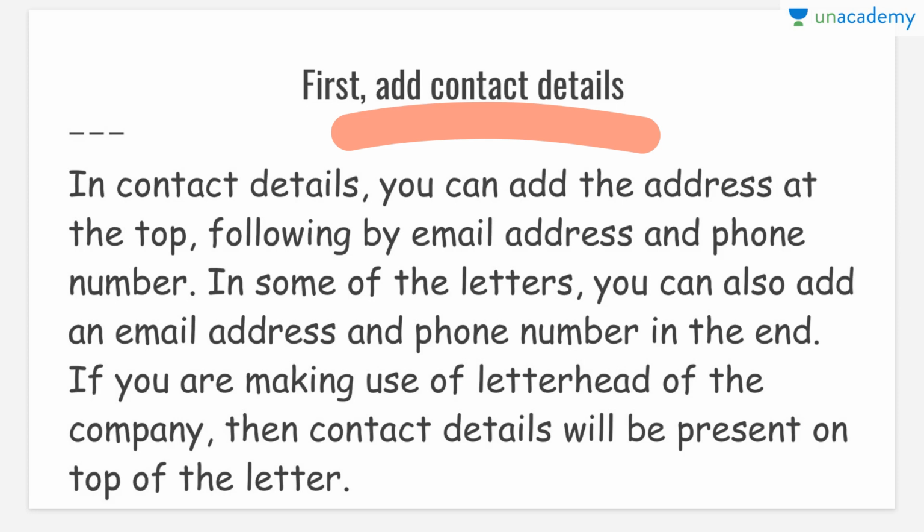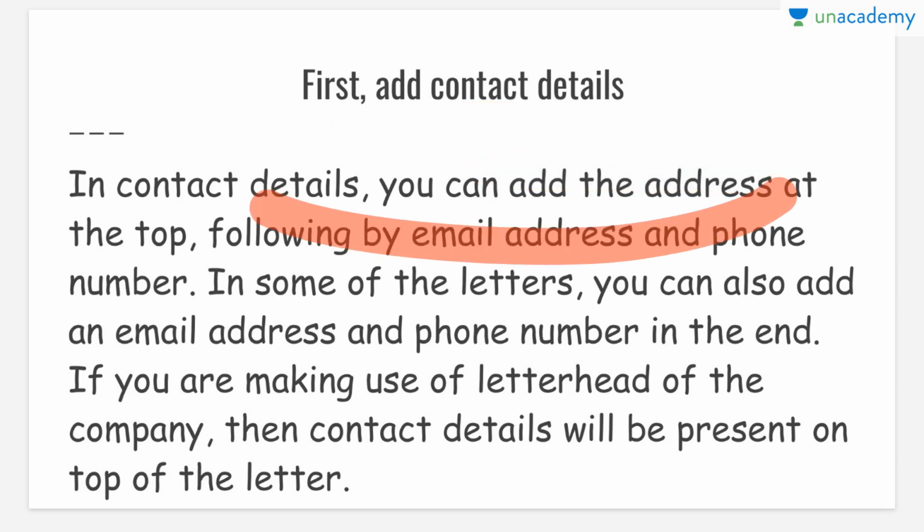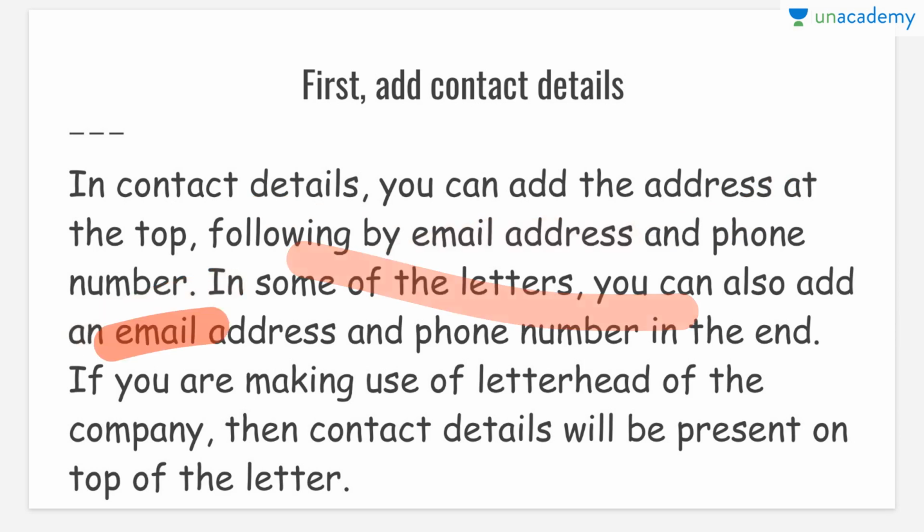So in contact details you add the address at the top, following by the email address, because nowadays everyone is getting socialized, so email address has to be put, phone number. Some of the letters you can add email address, phone number in the end also, but then you should make a point that it should be in the front.